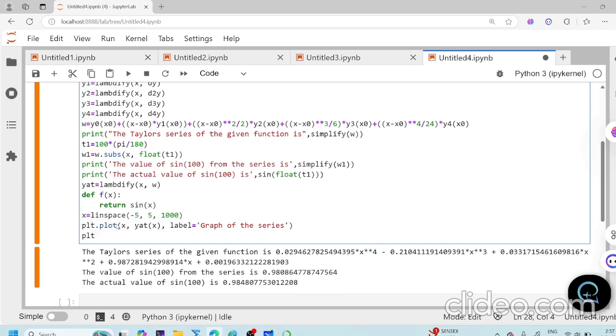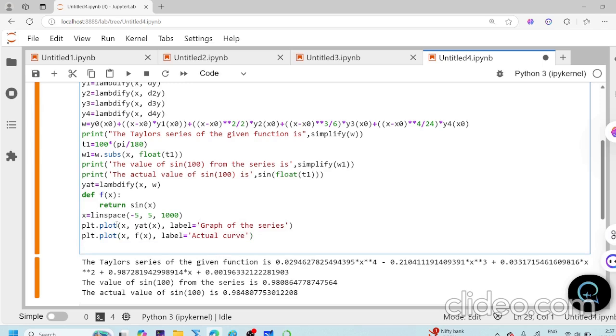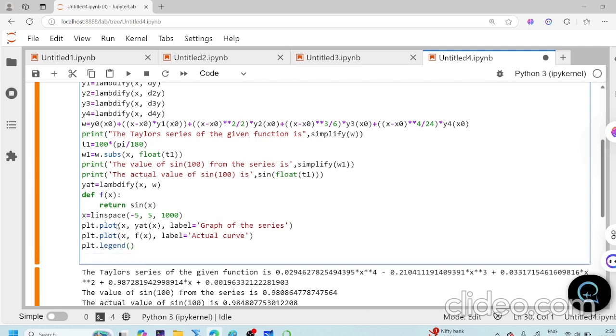Next, plt dot plot x comma f of x, comma, label it as 'actual curve', or actual graph, you can write anything. Then when you label the curves, you have to print them, so write plt dot legend. Then plt dot show.